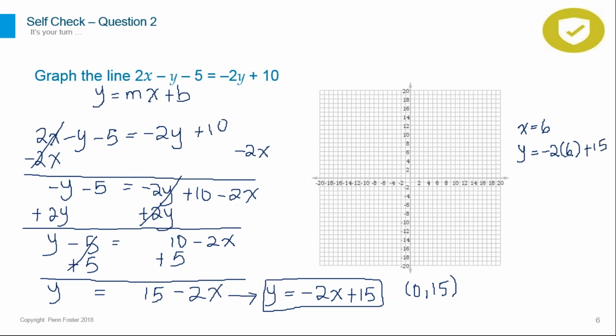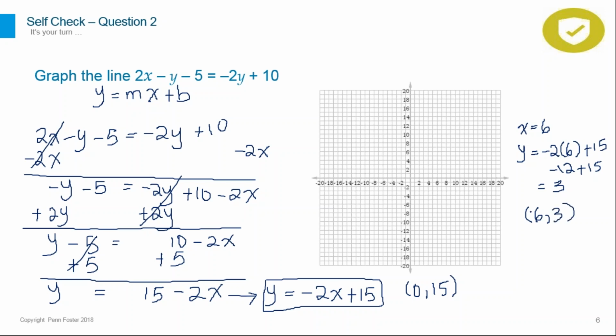Negative 2 times 6 will give you negative 12 plus 15. Then the corresponding value of the y will give you 3. So the second point that will be on that line would be 6 and 3.